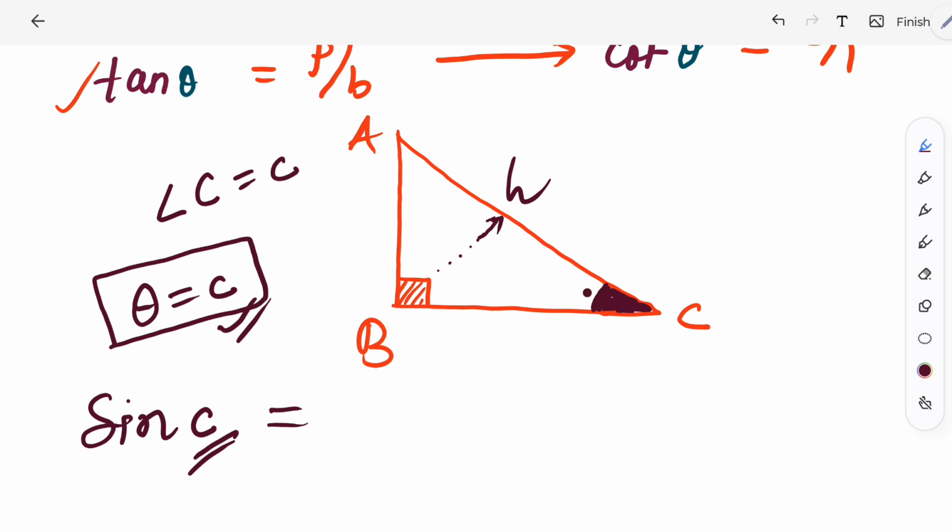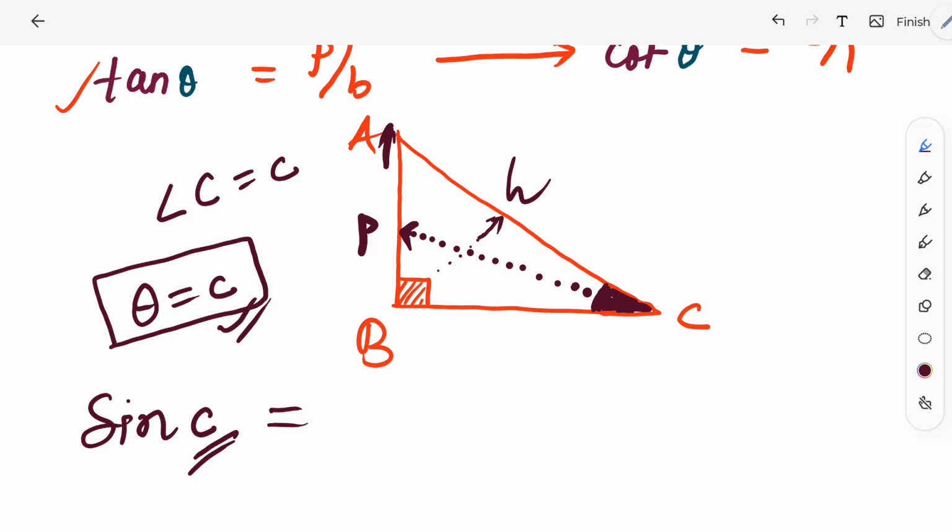The side opposite to the angle which we are discussing, that is angle C. So the side opposite to angle C, that is AB, will act as the perpendicular. Simple.